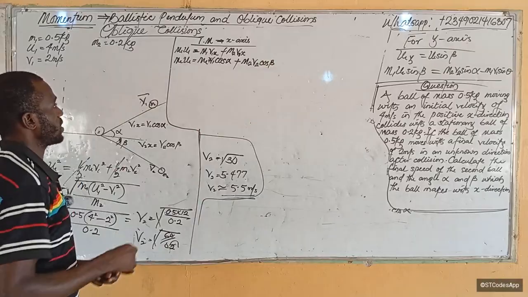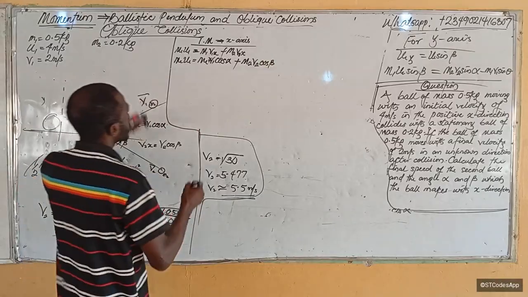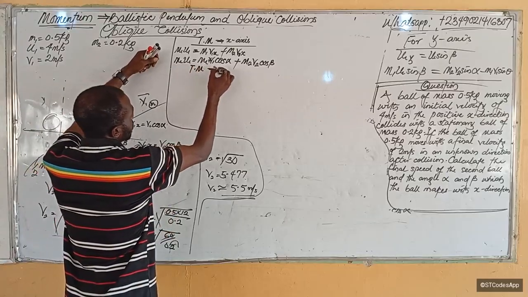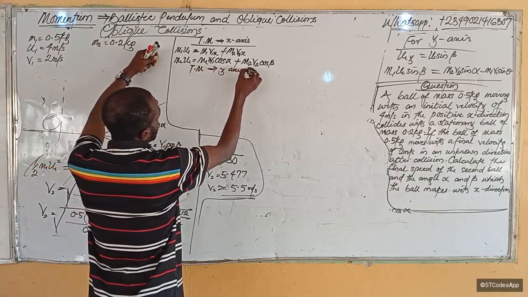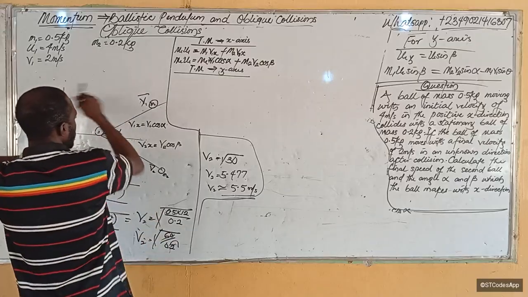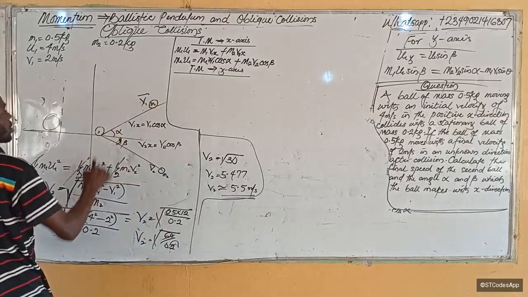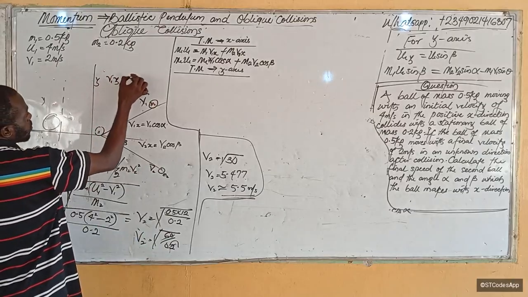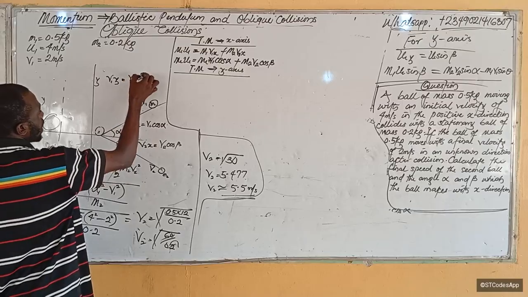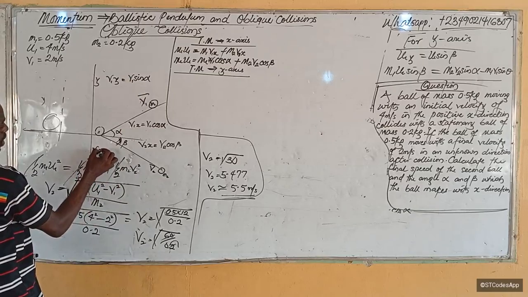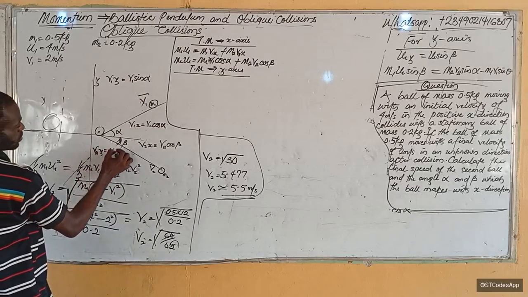Now, if this is clear, then we also know that using total momentum for the y-axis, what will it look like? For the y-axis, this one will be positive, so v1y is v1 sine alpha, and v2y will become v2 sine beta.